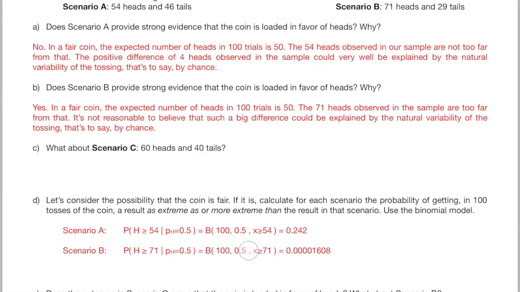According to the binomial model, this probability is 0.00001608. This probability also confirms your intuition. We have very strong evidence that the coin favors heads, because if it didn't, this outcome would be virtually impossible.